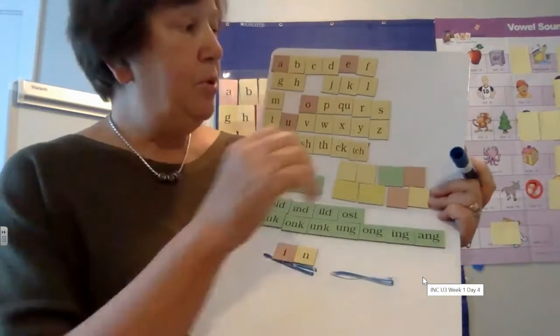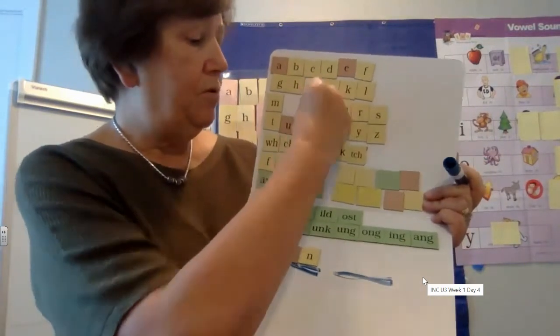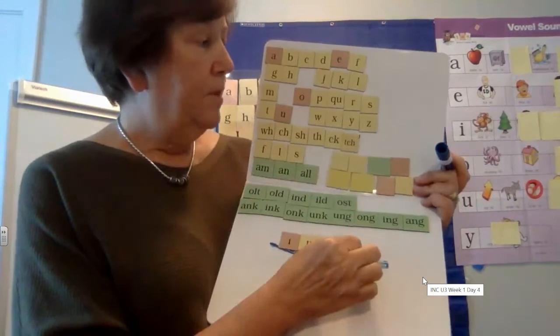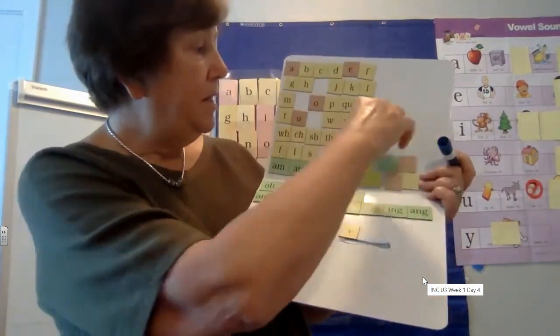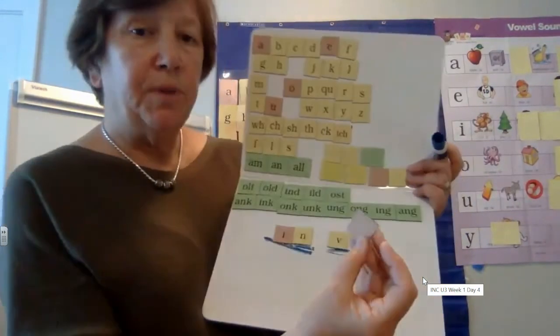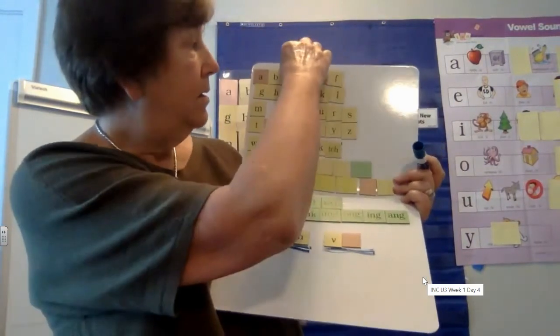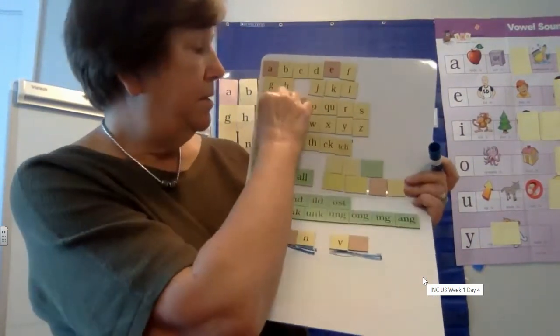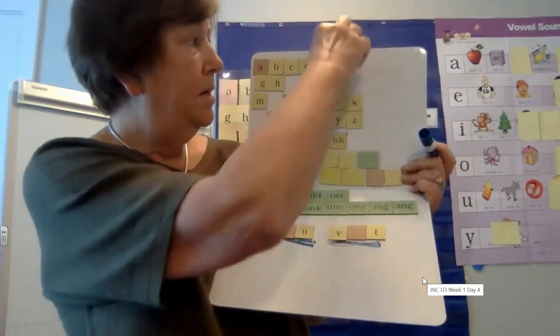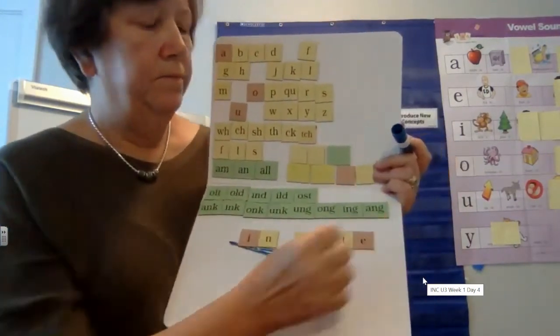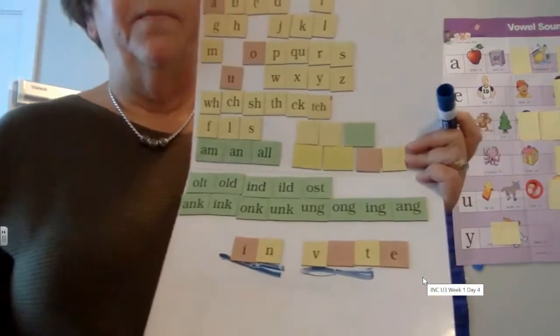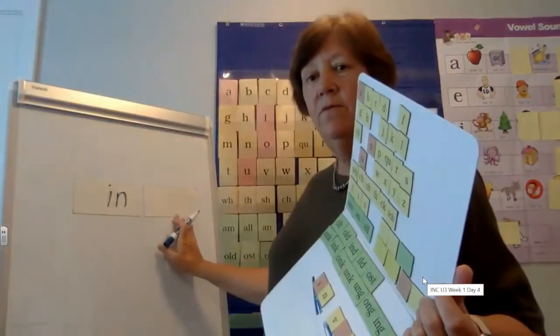If you need to tap, you can go ahead and tap it to yourself if you need help with that. Oh, I need another I and I don't have it, so I'm going to use a blank. I need my T. Okay, vite. So, invite.